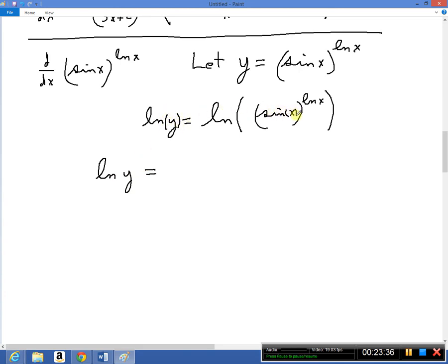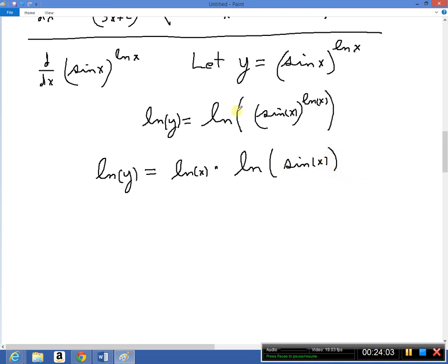Sine of x, natural log of x. Okay? So we know what functions are. Natural log of y is going to be equal to, here's this natural log of x coming out as a multiplier. So we get the natural log of x times what's left? Natural log of sine of x.